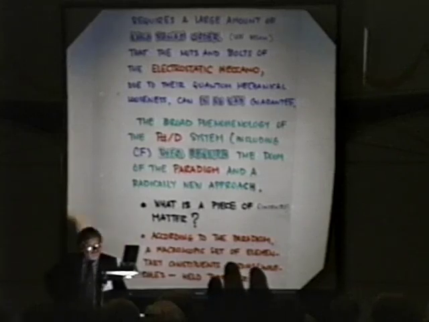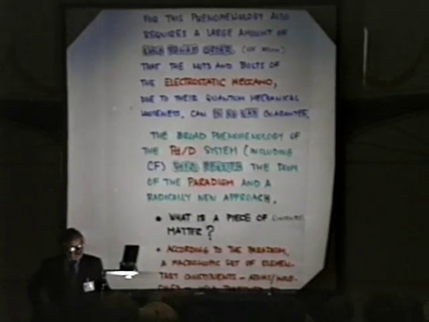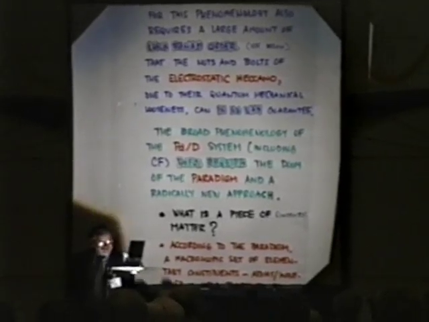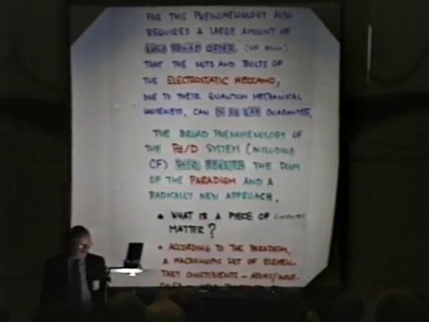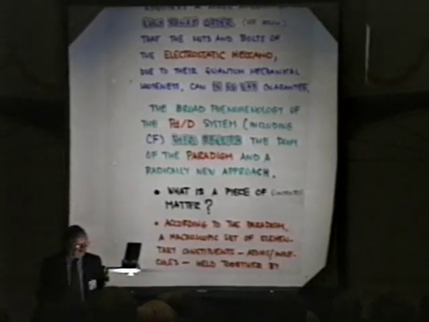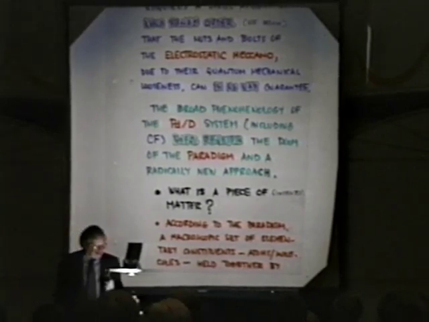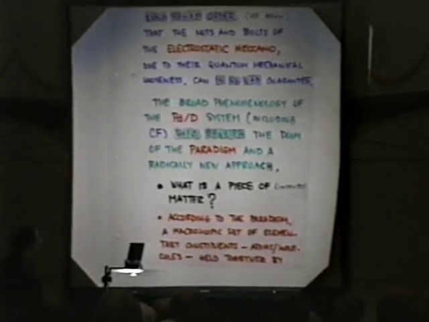Let me now show, in fact, that this kind of long-range order, which is present everywhere in the phenomenology of cold fusion, and in fact is also present everywhere in the phenomenology of condensed matter physics, does require the doom of the paradigm and a radical new approach. For if you ask the question, what is a piece of condensed matter? According to the paradigm, it is a macroscopic set of elementary constituents, atoms and molecules, which are held together by the loose nuts and bolts of the electrostatic mechanism.